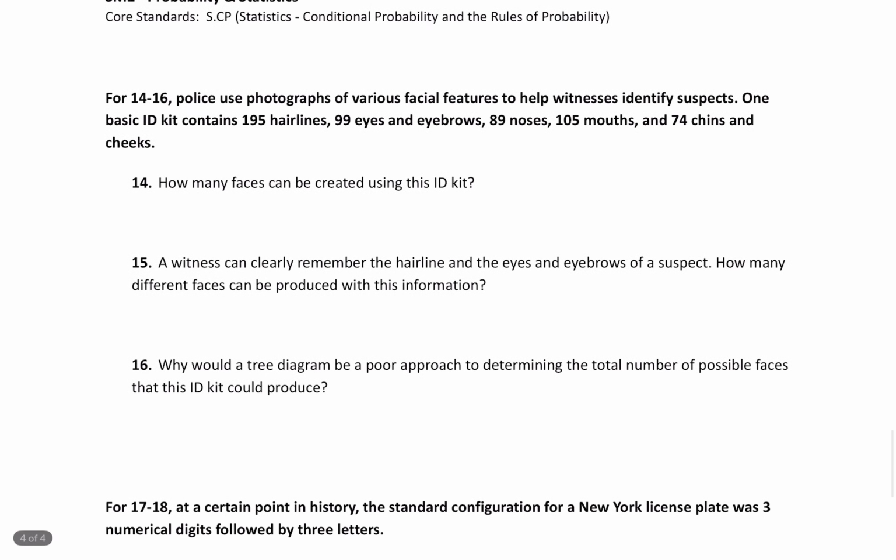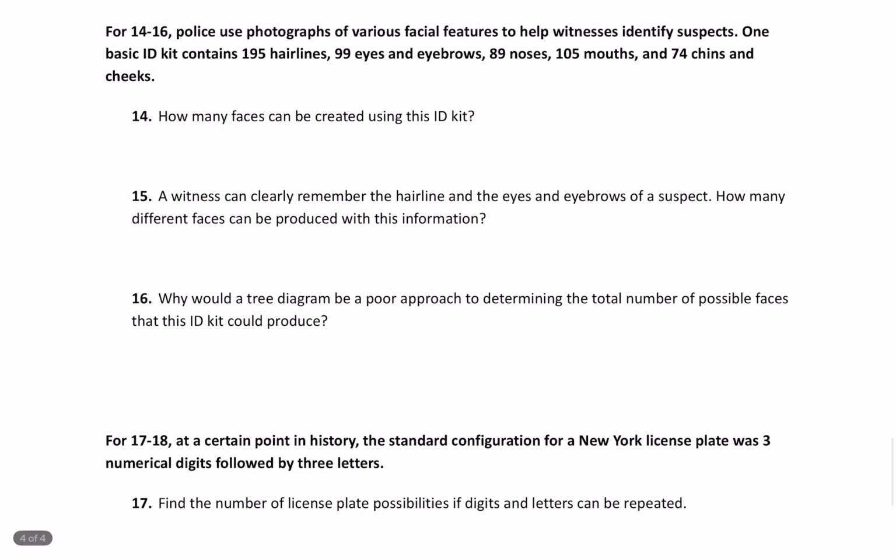Okay, now we're going to look on the back side here. Okay, so for 14 through 16, the police use photographs of various facial features to help witnesses identify suspects. One basic ID kit contains 195 hairlines, 99 eyes and eyebrows, 89 noses, 105 mouths, and 74 chins and cheeks.